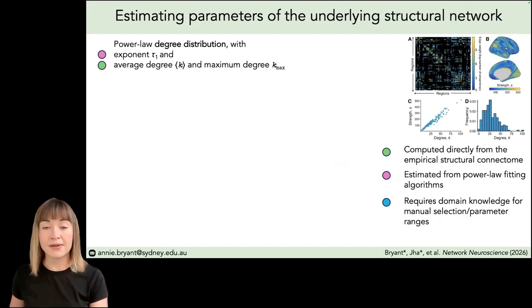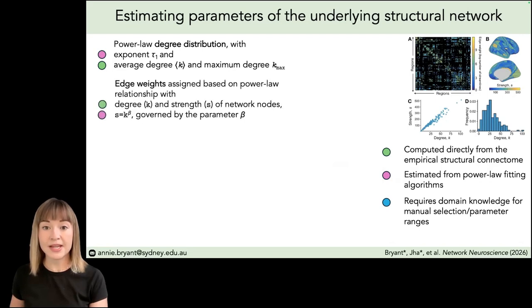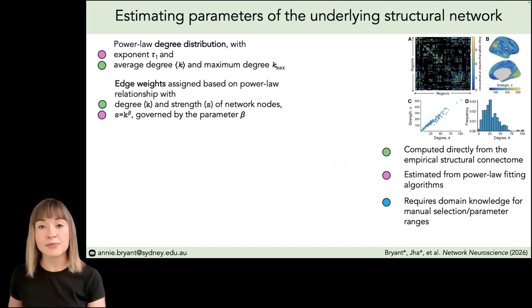First, we fit a power law to the empirical degree distribution of the structural connectome, estimating the scaling exponent tau sub 1 while fixing the mean and maximum degree to match the observed network. Edge weights are then assigned using a weighted formulation in which node strength scales with degree according to a power law relationship governed by the parameter beta.